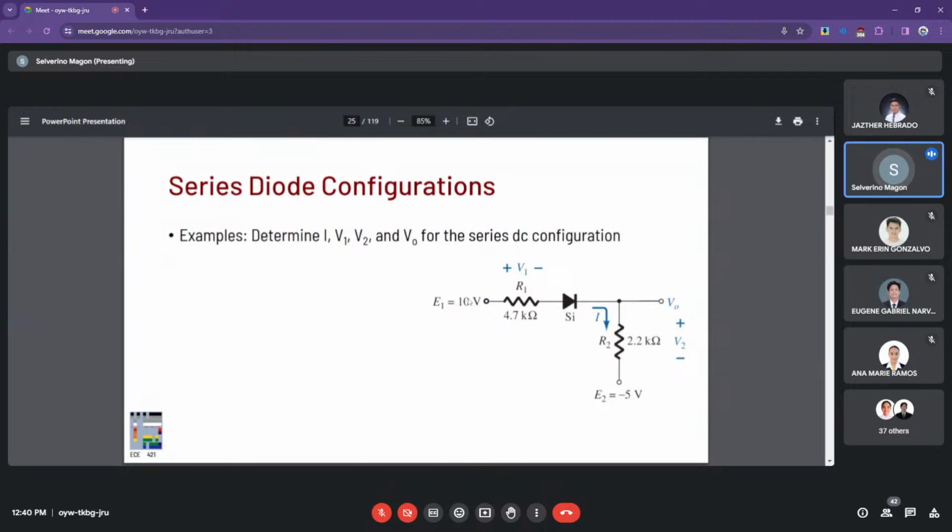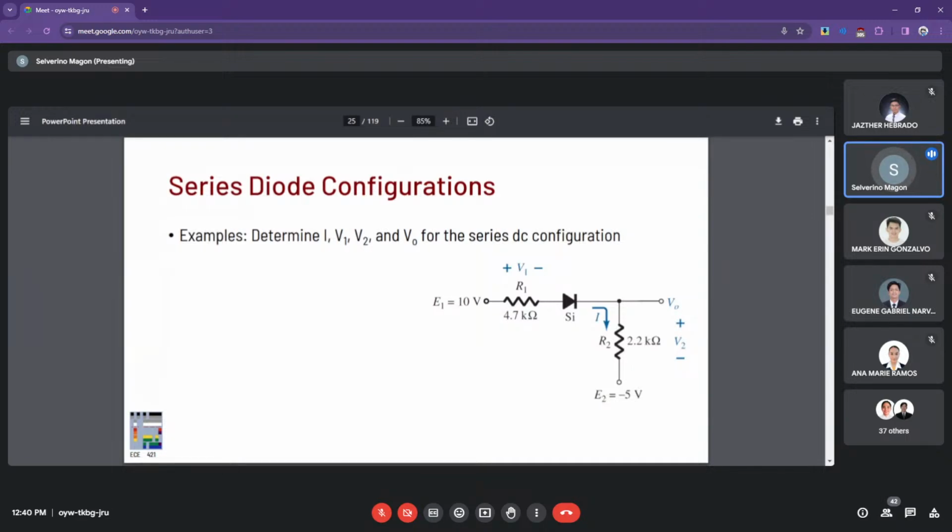You add these two together, so essentially you have a supply of 15 volts, because in that loop you have a positive supply minus a negative, no? So that cancels out, and the effect is that these two are compounding, stacking up together. So you have essentially a loop supply of 15 volts.